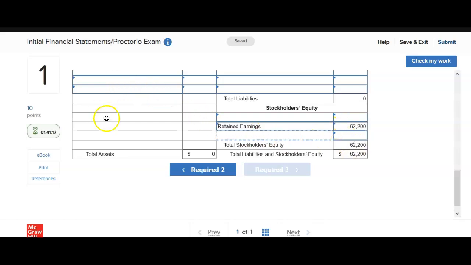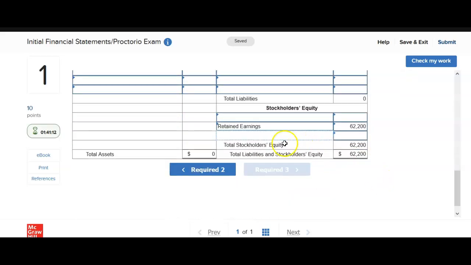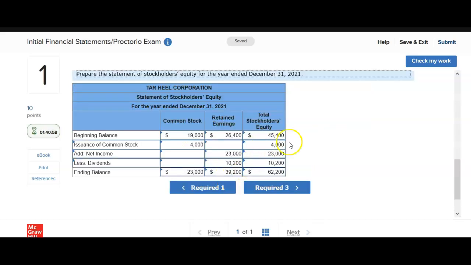All right, and then you'll fill out the rest of this, the rest of the assets and liabilities. Don't put dividends in here. Don't put net income. Don't put expenses here. Only retained earnings. And in fact, I'll do common stock. Common stock. And let's look at the balance. Down here, 23.